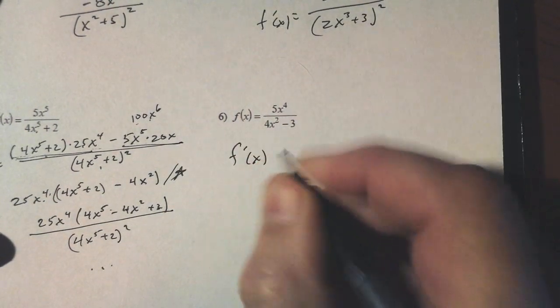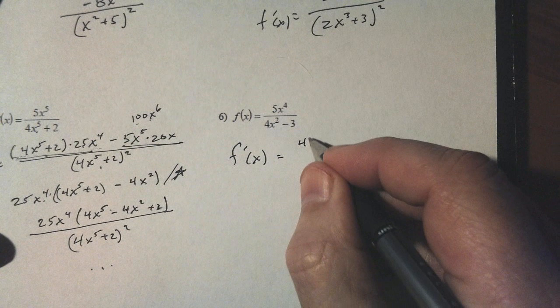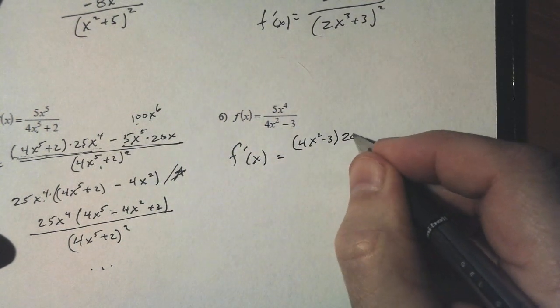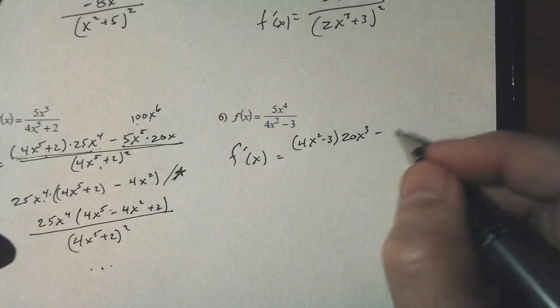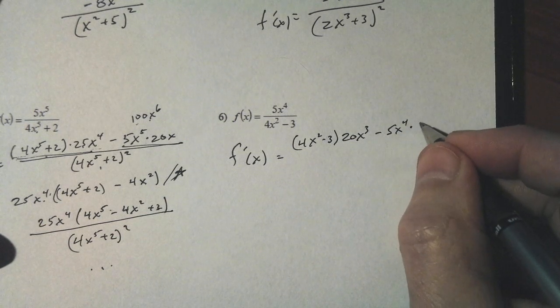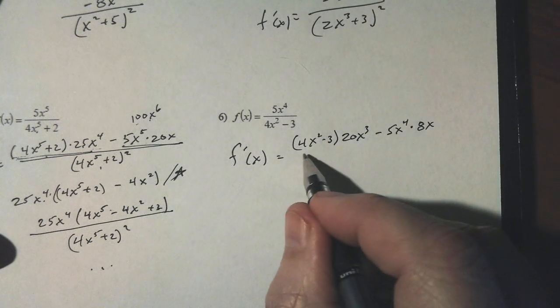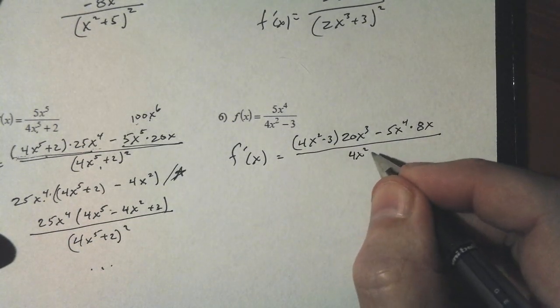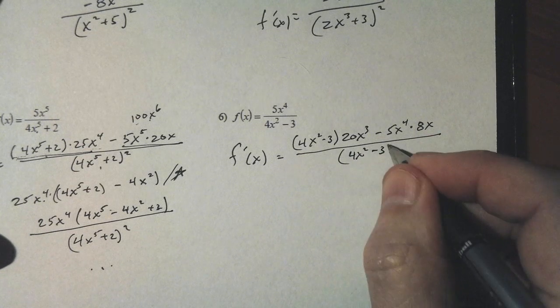F prime: low, 4x squared minus 3, D high 20x cubed, minus high, 5x to the 4th, D low 8x, all on the square of the thing below. Low D high minus high D low, all on the square of the thing below.